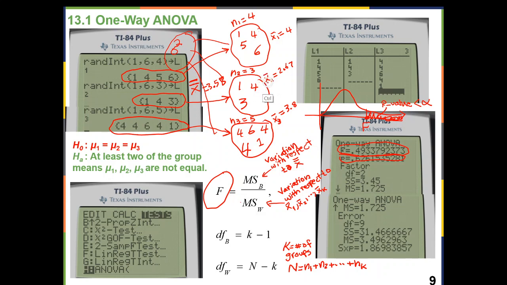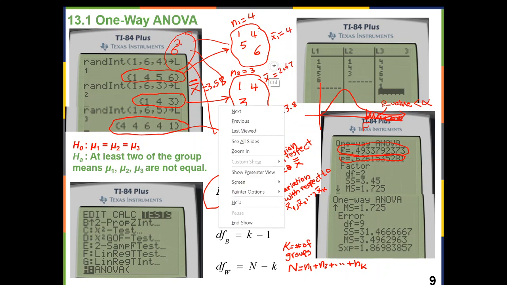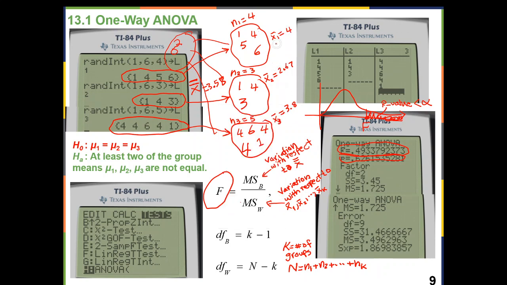One variation is the variation with respect to what? The grand mean. You know, every group, every sample has a mean, right? x1 bar, x2 bar, x3 bar, they all have a mean. And there is a mean of the means. That means you put all the numbers together and divide by 12, which is the sample size, right? So that's what I mean by grand mean.